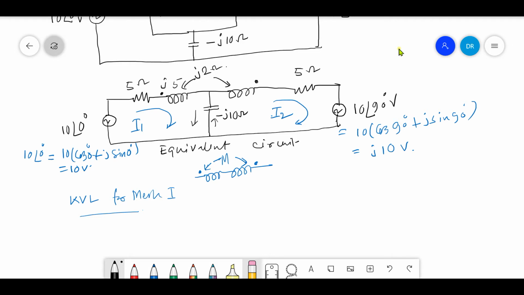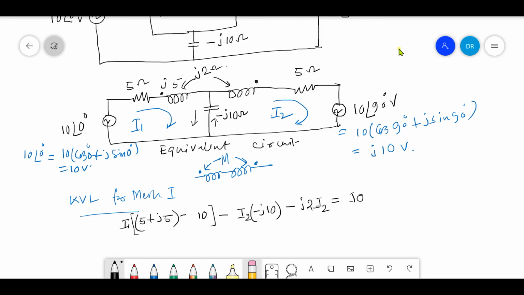So I1 into (5 + j5 - j10) minus I2 into j10 minus j2 I2 is equal to 10 volt.